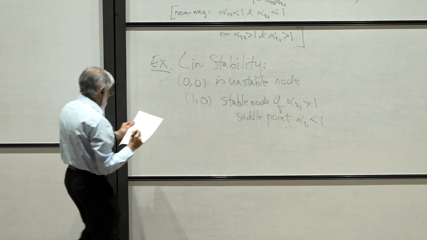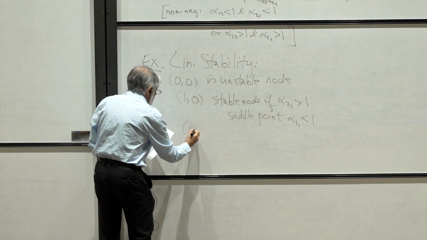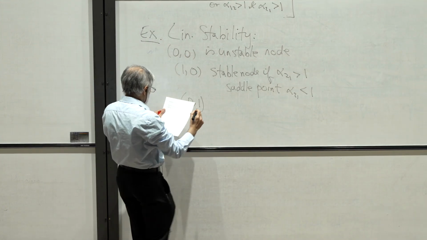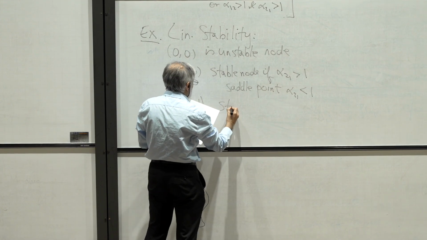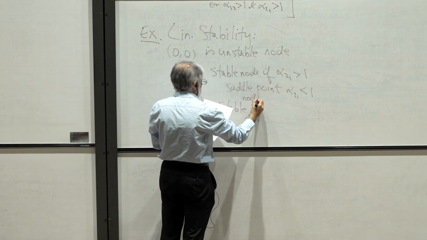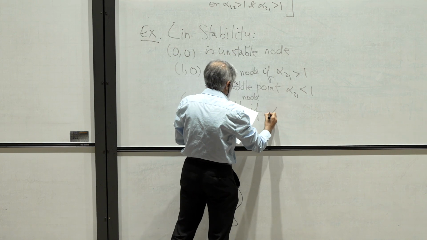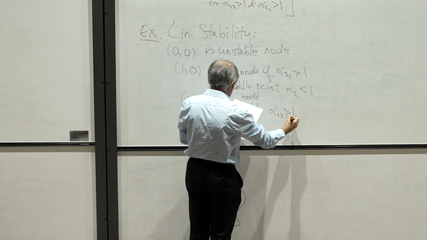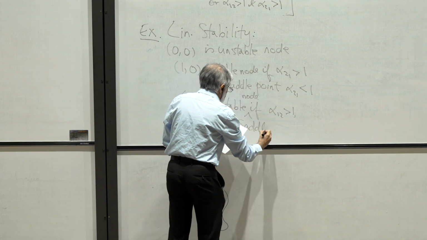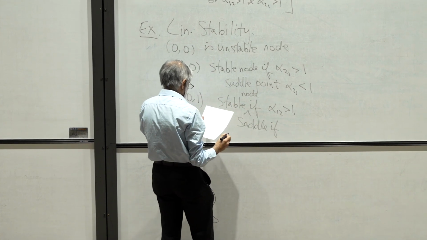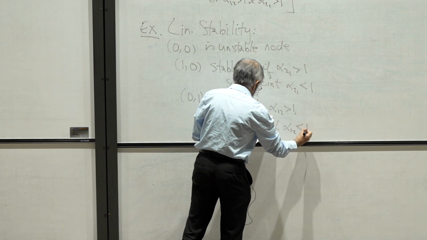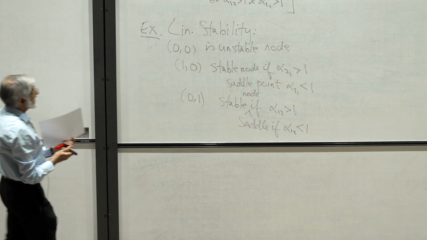Then (0, 1) is the same thing, but with the 1 and 2 switched around: a stable node if alpha12 is bigger than 1, and a saddle if alpha12 is less than 1.